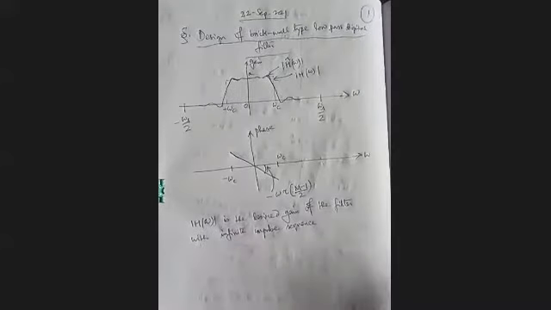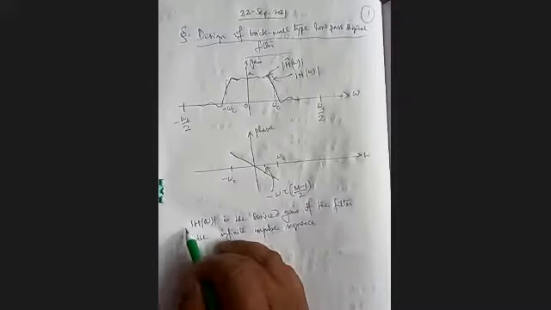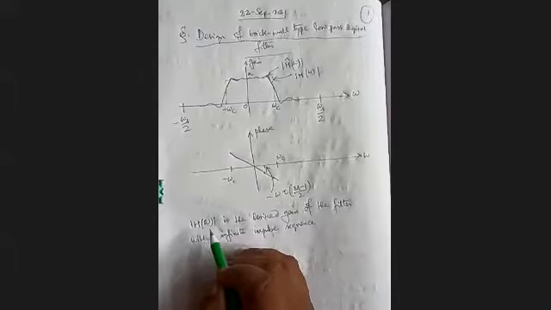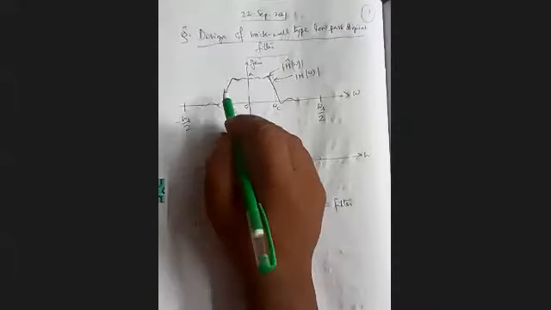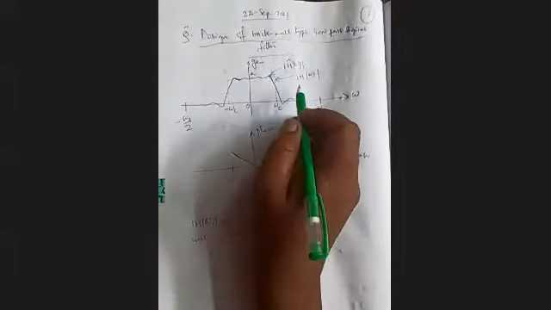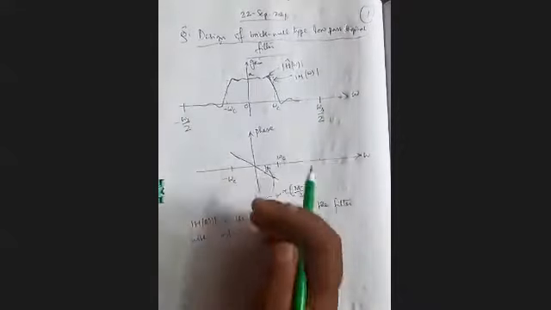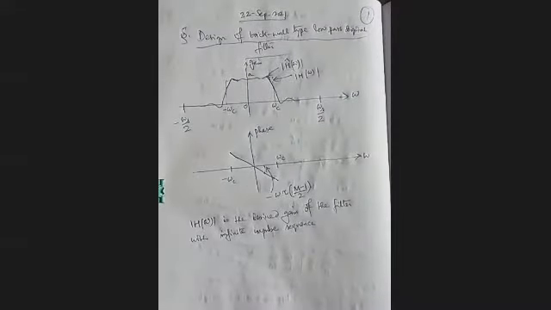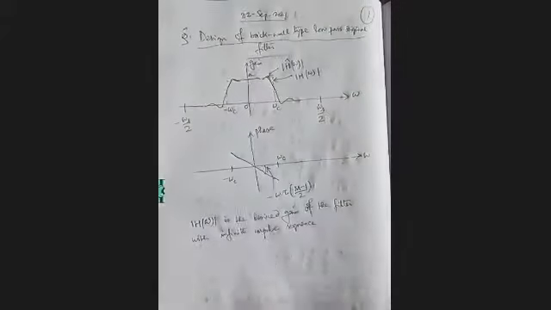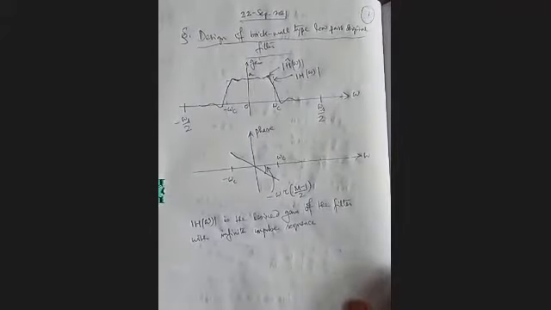Why? You can also justify it another way, that if you take the inverse Fourier transform of a rectangular function, here mod of H omega is the rectangular function, its inverse Fourier transform will be what? You know from the knowledge of signals and systems, the inverse Fourier transform of a rectangular function is a sinc function.